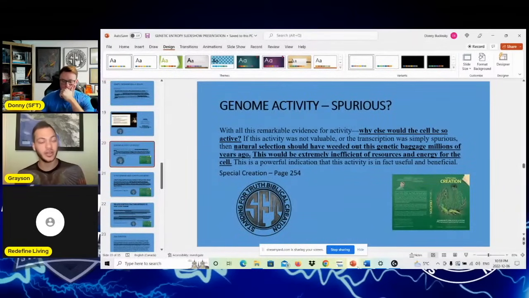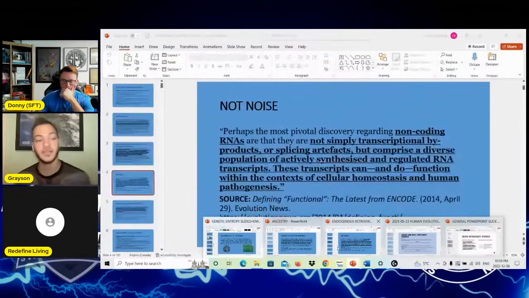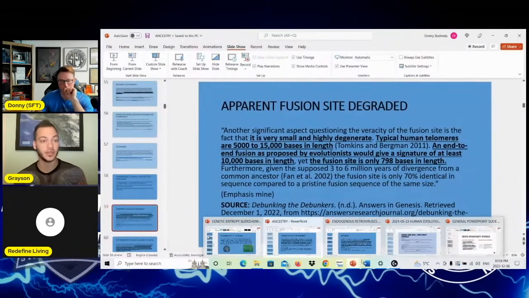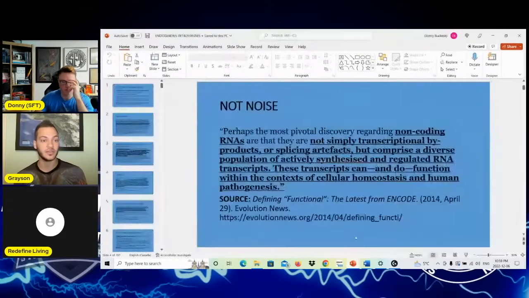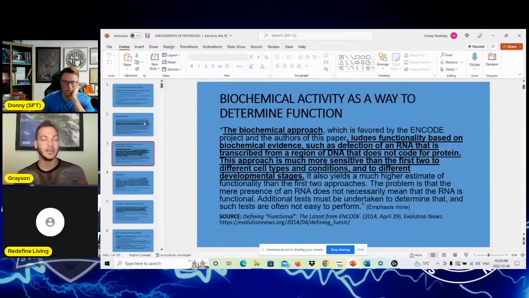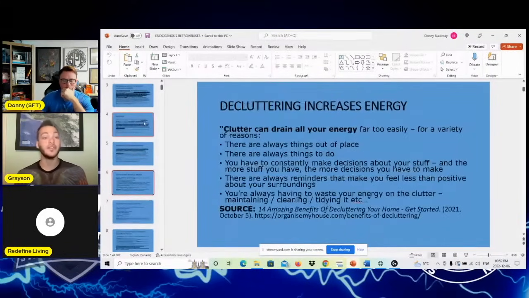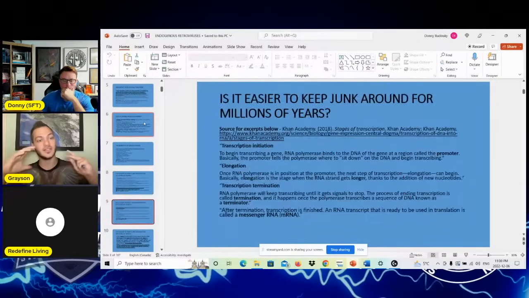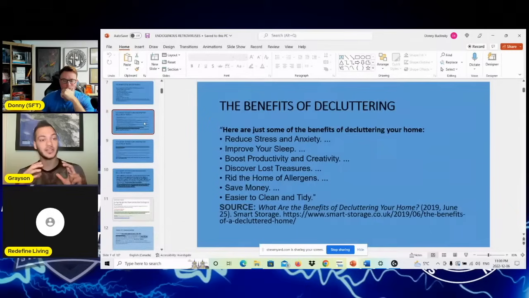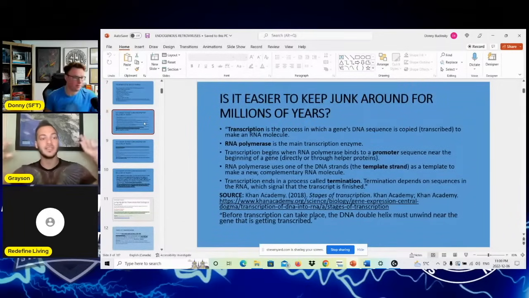Mitochondria increase the amount of energy that's available to a eukaryotic cell by nearly 1,000-fold from prokaryotes. It's a huge increase in the available energy that the cell has. And then they also have a nucleus. So all of these transcripts that are produced are contained within the nucleus, so they can't leak out and have effects elsewhere. The enzymes within the nucleus quickly break them down.